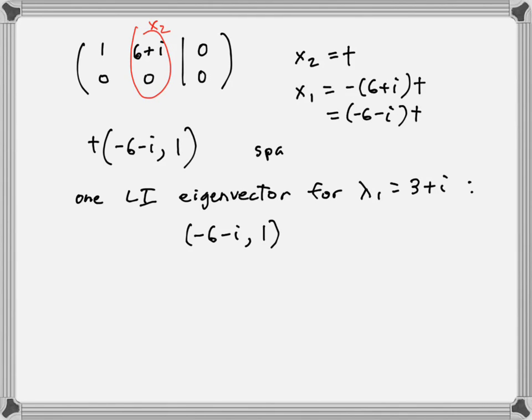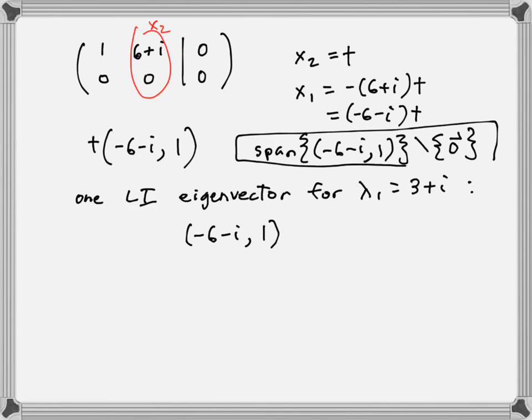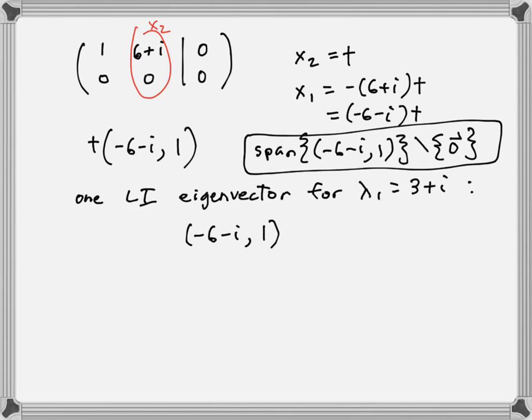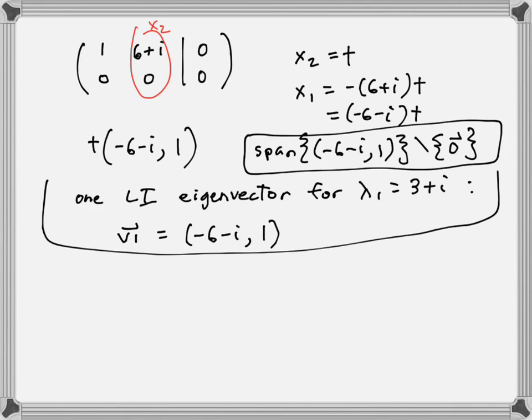We have the span of negative 6 minus i, 1, take away 0. This is our set for that eigenvalue, and this is our linearly independent eigenvector. Let me call this V1.